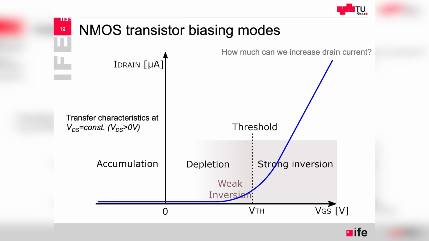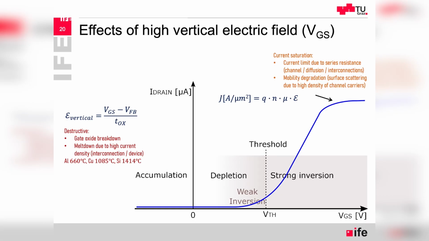But what else can happen is we have the mobility as part of the component, the parameter that decides about the current through the transistor. The mobility degradation happens when we have very high density of charge carriers under the gate. So we have the scattering effects, and also the transconductance is going to be degrading because of that. So that's one of the saturation effects.